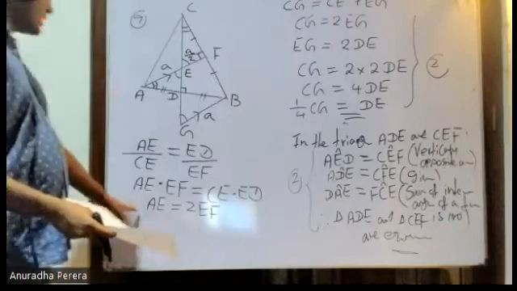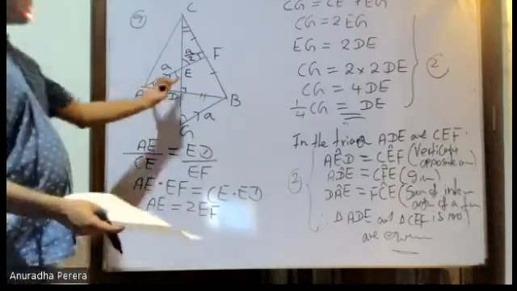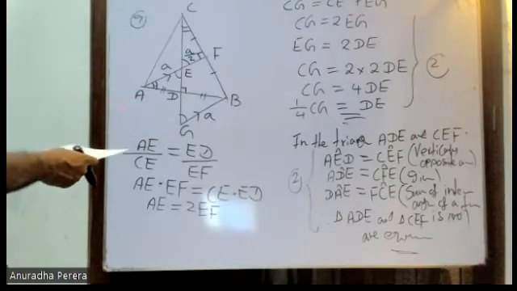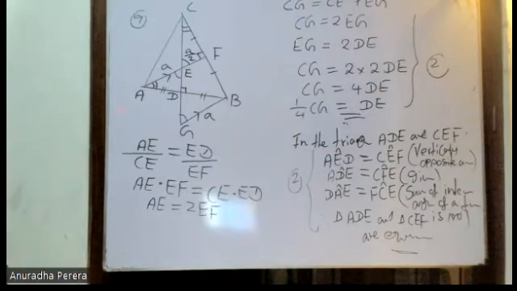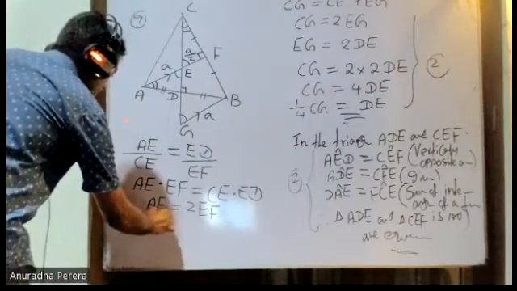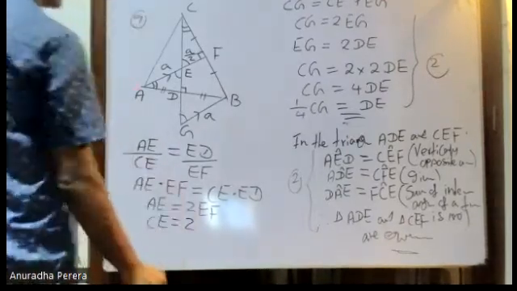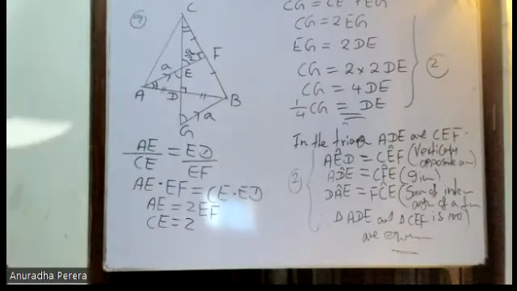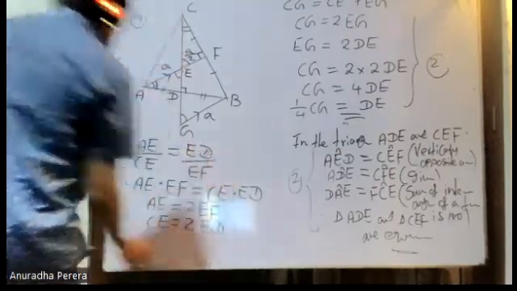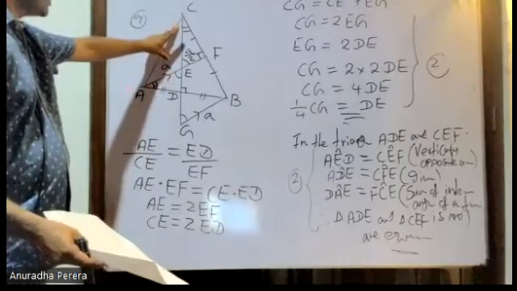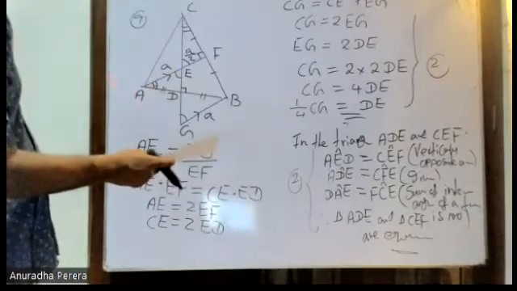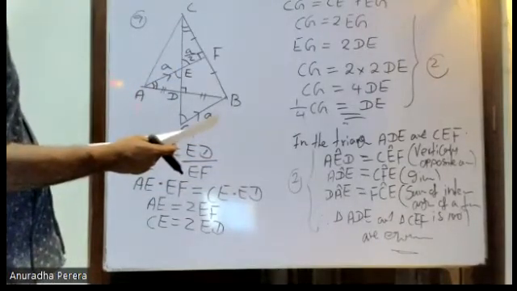Then you can write AE equals 2 times EF, and CE equals 2 times ED. Yes, AE is 2 times.